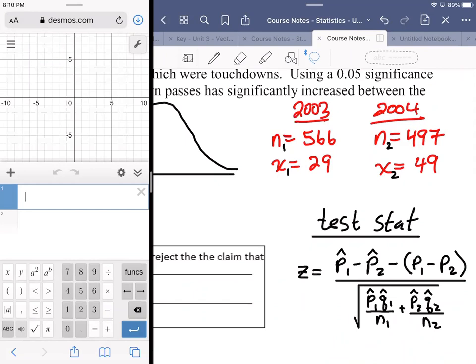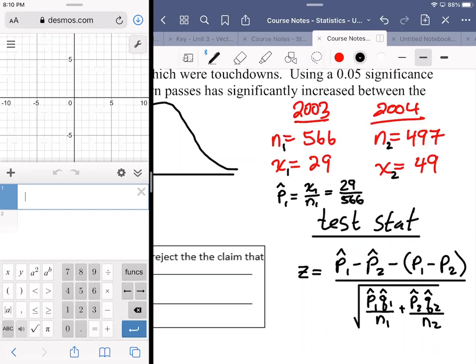The p hat is x divided by n. The subscripts are just referring to each individual data set. So p hat 1 is x sub 1 over n sub 1, which would be 29 over 566. You can go decimal form if you want.